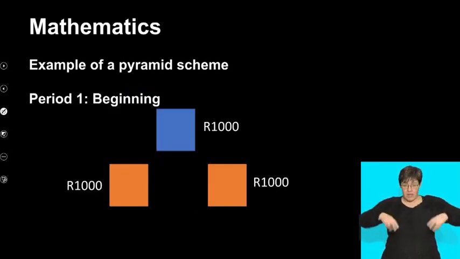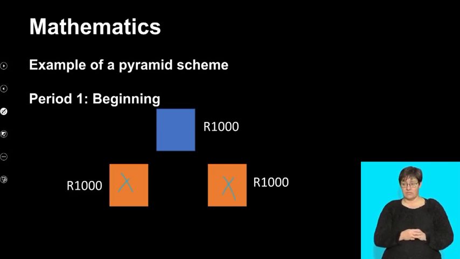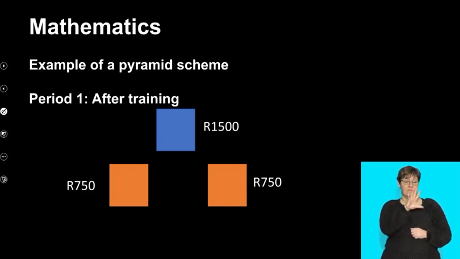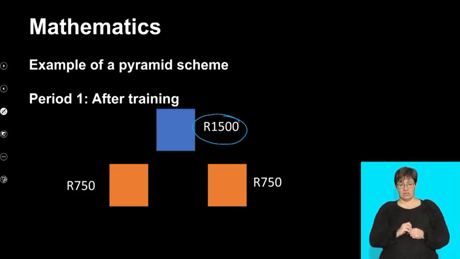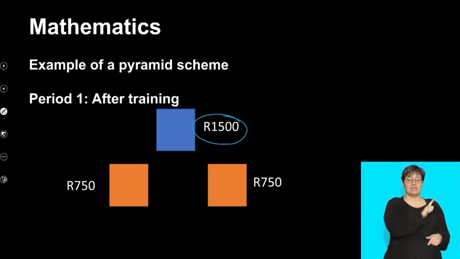So these 2 people need to pay this person 25% of what they have, which is 250. So in simple terms, after they get the training, they pay 250, and then the recruiter will have 1,500, and the 2 investors are now left with 750 rand.